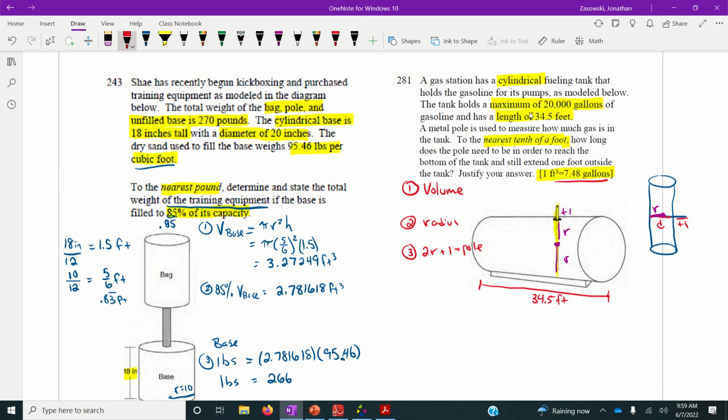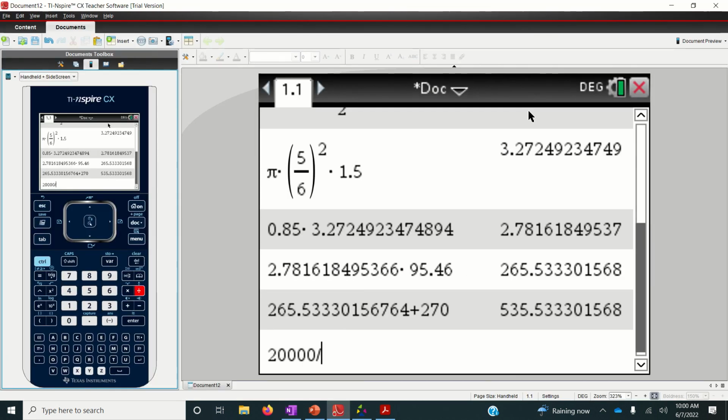So number 1, we've got to get the volume. Now it holds 20,000 gallons, so the volume is equal to the gallons divided by 7.48. So volume is going to equal 20,000 divided by 7.48.